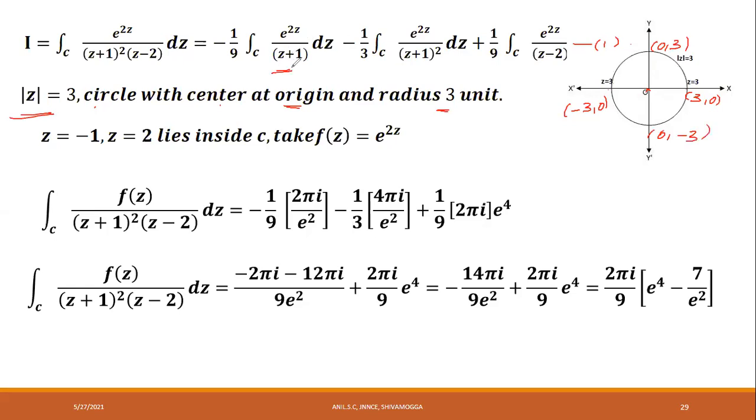The integrand is not analytic when z plus 1 is equal to 0, that means z is equal to minus 1. Minus 1 means minus 1, 0. Where is this point? This is minus 1, 0, minus 2, 0, minus 3, 0.